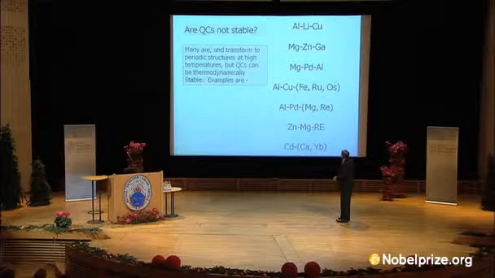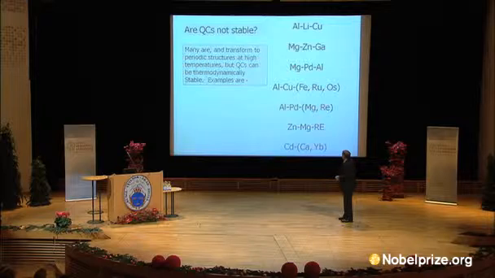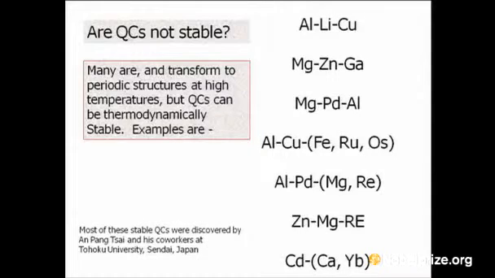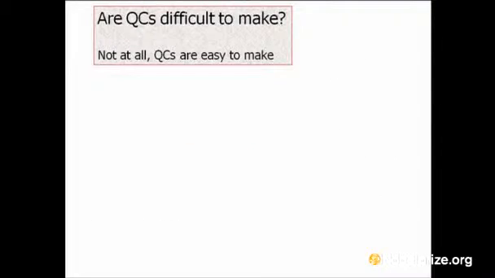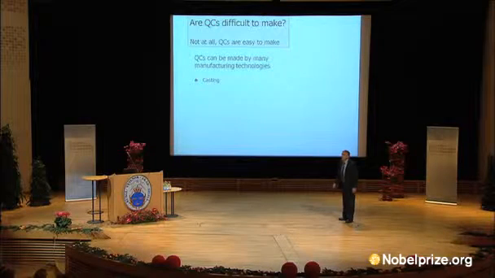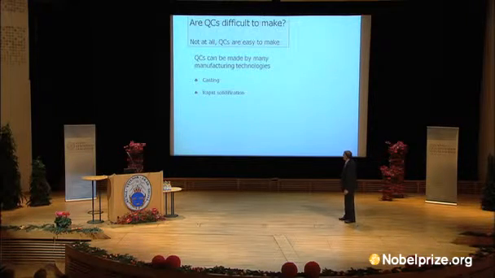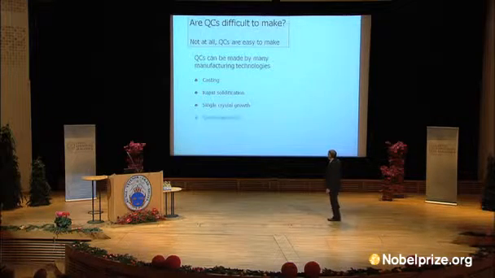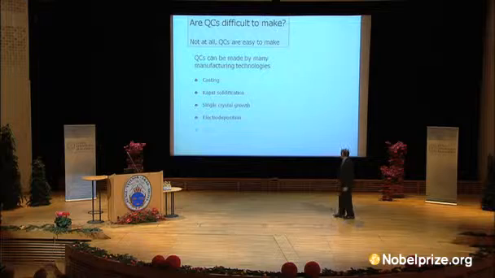And here are some examples of stable quasiperiodic materials. Maybe they are difficult to make. Oh, not at all. You can make them in any way you make any material: by casting, by rapid solidification, single crystal growth, electrodeposition, CVD.